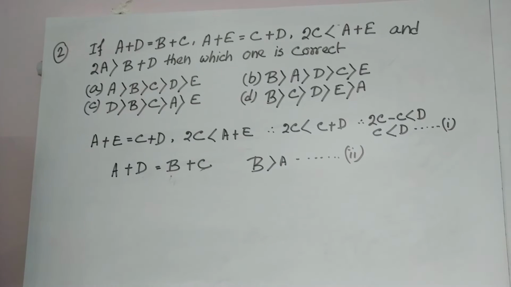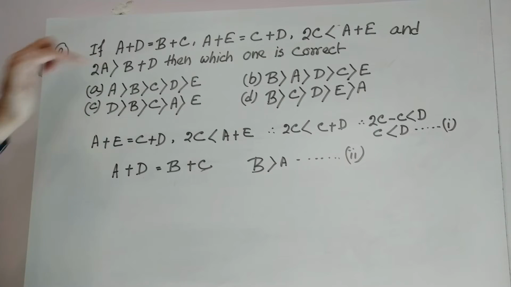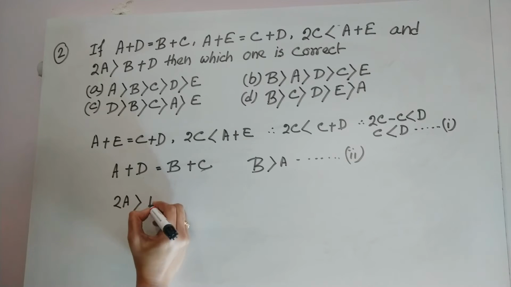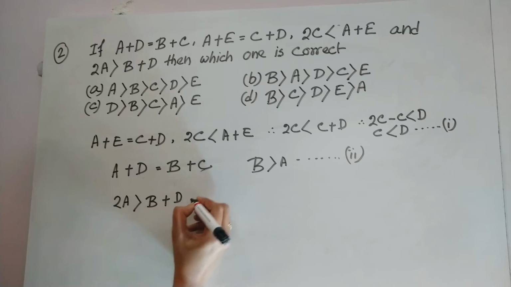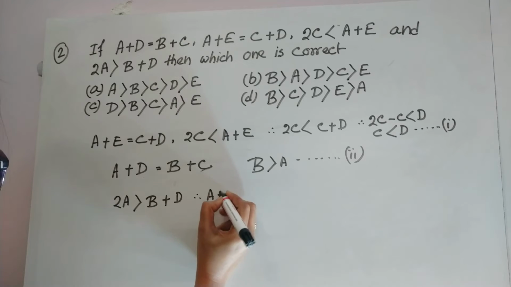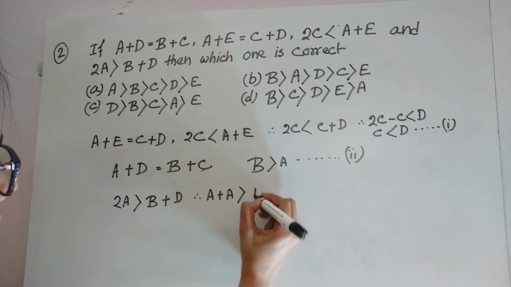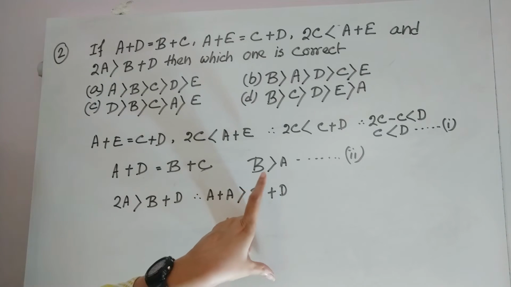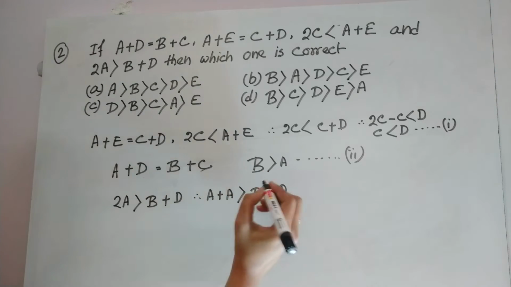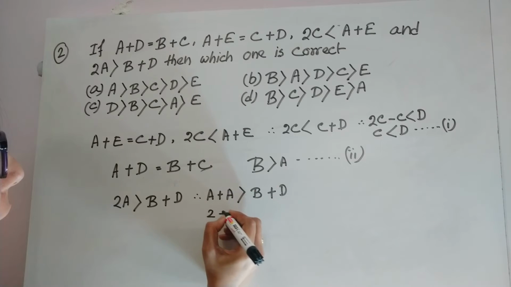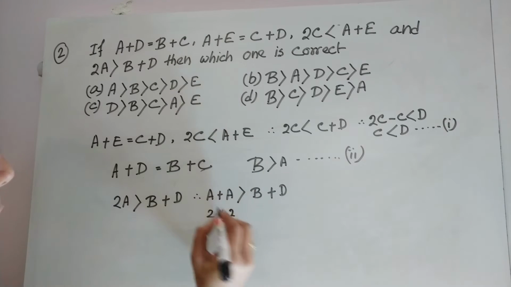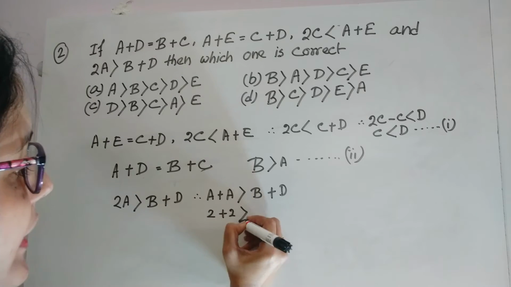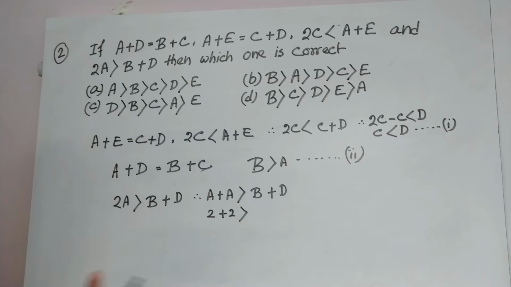Now, 2a is greater than b plus d. Therefore, a plus a is greater than b plus d. Now, as b is greater than a, suppose a is equal to 2 here. Then 2 plus 2 has to be greater than b.